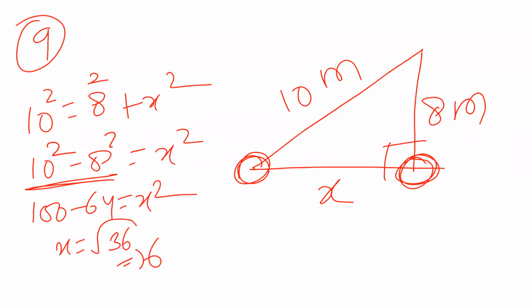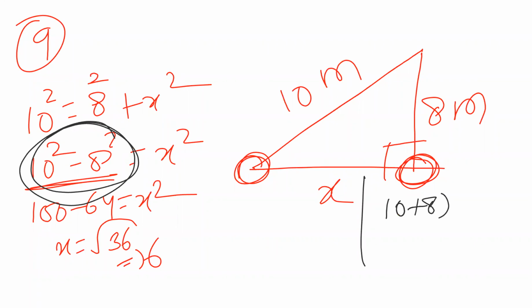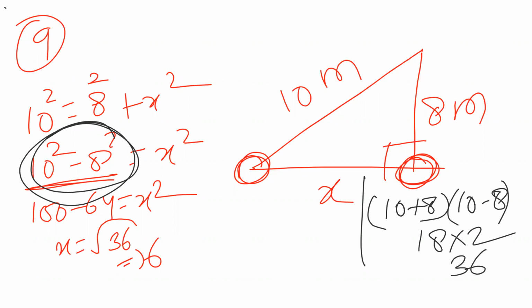And second, Sarthak has asked, you can use the formula a² minus b² equals (a plus b)(a minus b). So this becomes 10 plus 8, 10 minus 8, 18 into 2, this becomes 36. Right? Yes, sir.